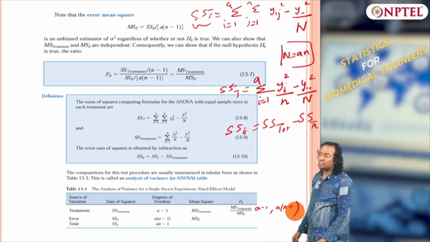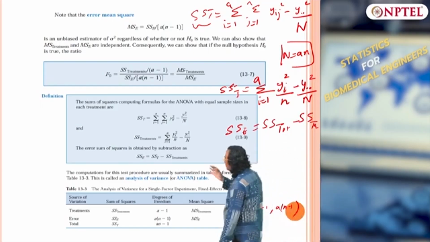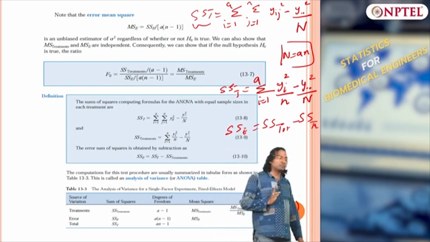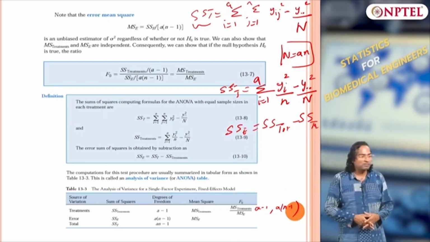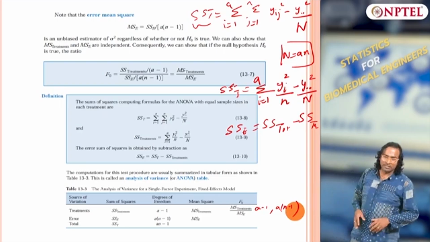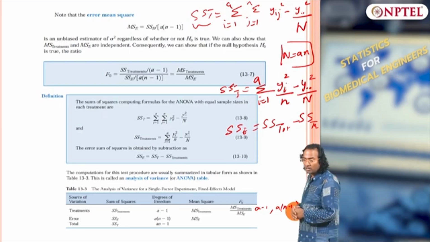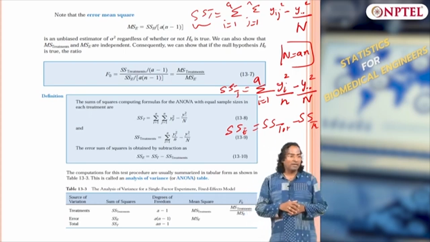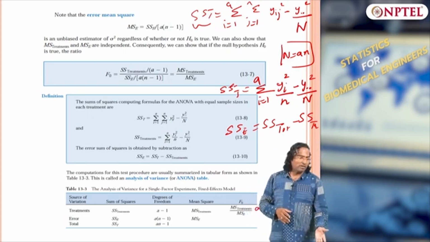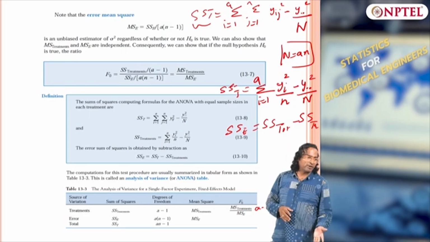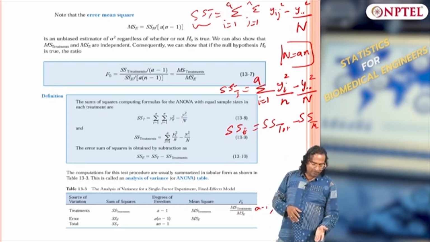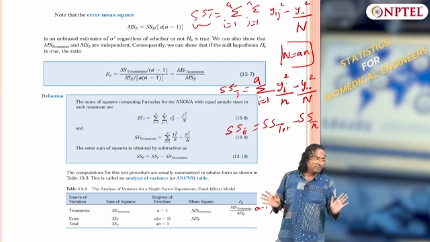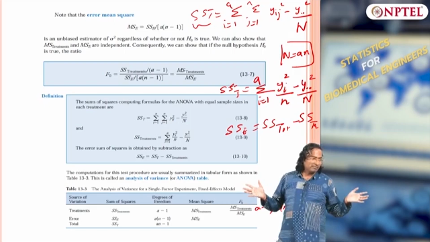So there are easier ways to figure out the sum square values rather than going through the derivation, otherwise you have to substitute and go through the derivation. These are easier ways to get sum square total and errors. The logic is simple: the total variation is the sum of Yij squared minus the grand term, y dot dot squared by N, and that is the sum square total.